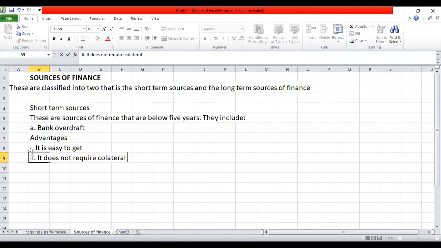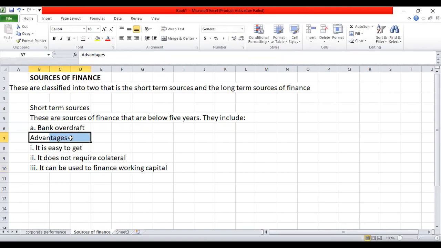You don't need collateral to get a bank overdraft, and it can be used to finance working capital. These are some of the advantages of using a bank overdraft.